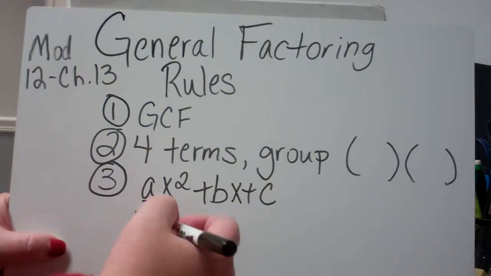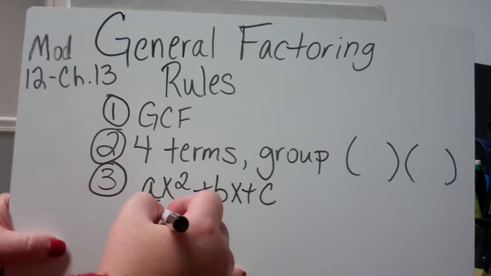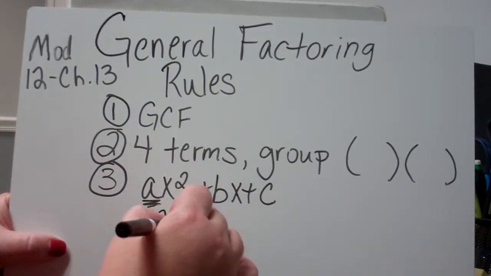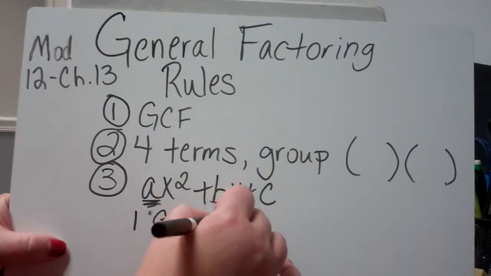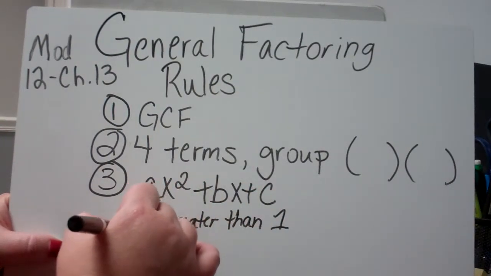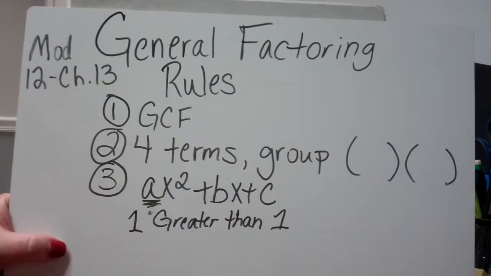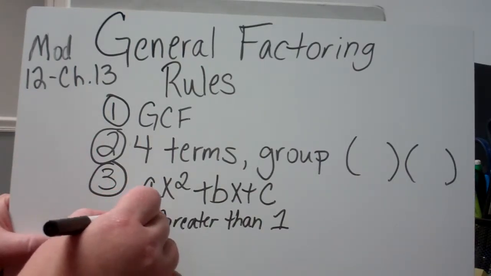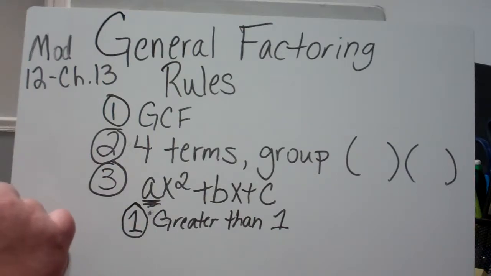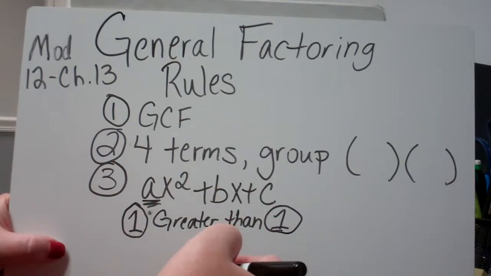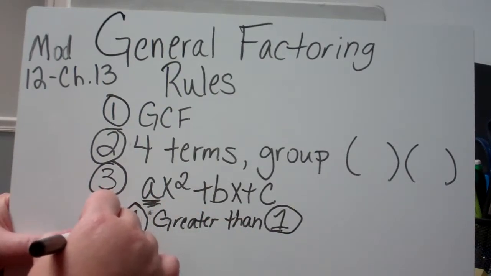We're going to have some where this number is greater than 1. We're going to have 2 different methods for factoring. When that number is 1, we're going to have one method. And when that number is greater than 1, we're going to have a different method.